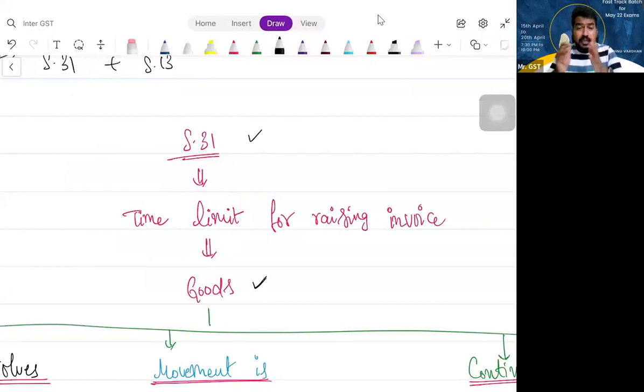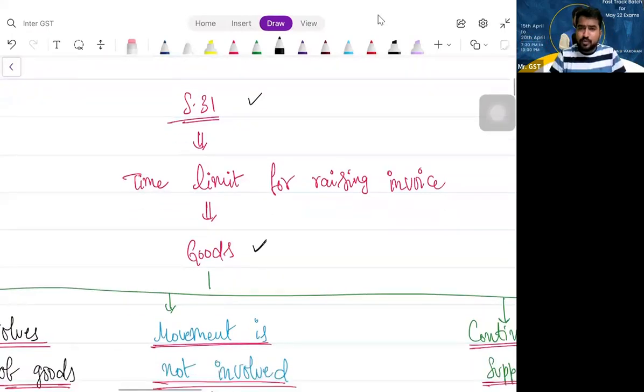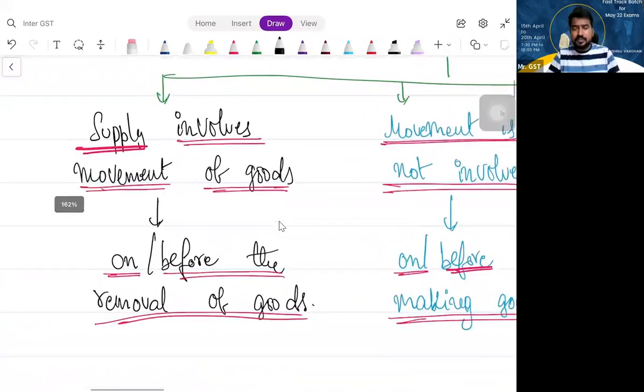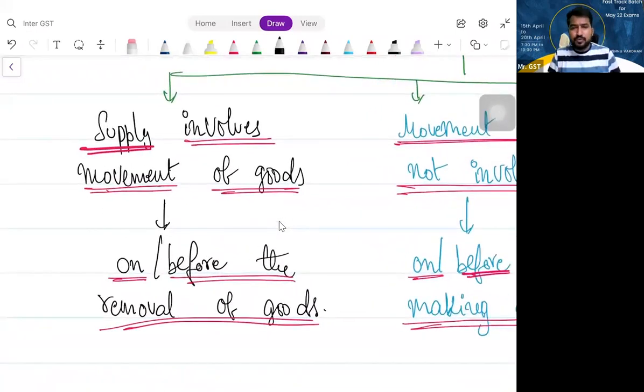Now, please understand, in this there are so many possibilities. Is it clear? Now, the time limit to raise the invoice for goods. See, the first possibility: when I am supplying goods to you, whether that supply involves movement of goods or not.